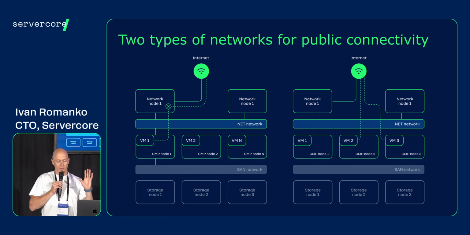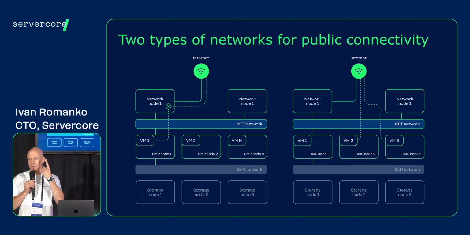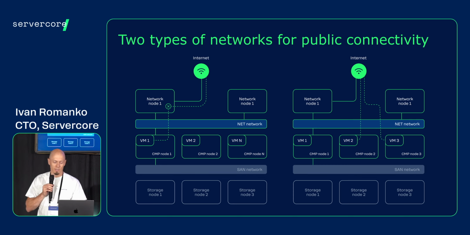So approach number one is something you will use, probably not noticing that, when you order one IP address from any cloud provider. When you launch a virtual machine, it should be connected, and you will have an IP address that will typically be provided using this approach.